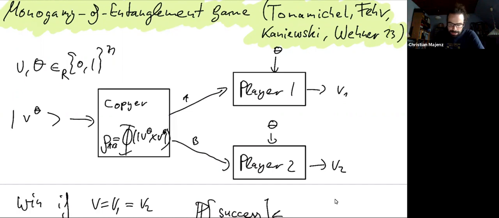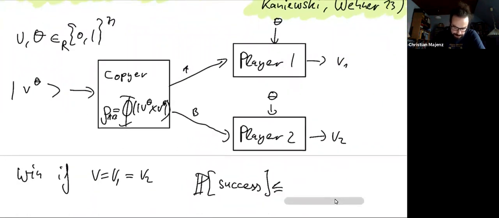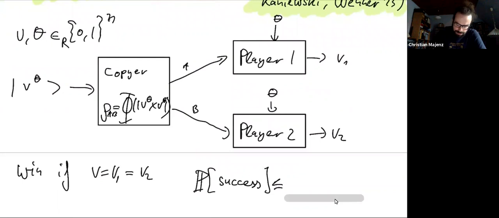And now 1 and 2 both obtain the BB84 bases, theta, and they have to guess the underlying string v. So they output v1 and v2. They win if v equals v1 equals v2.